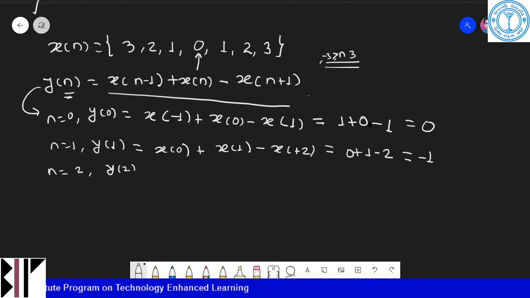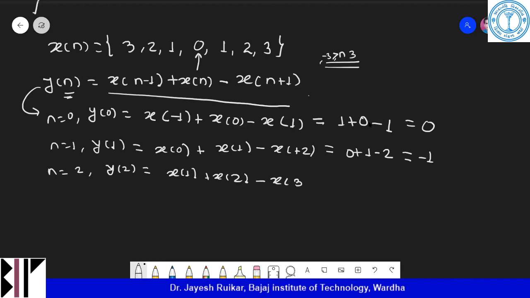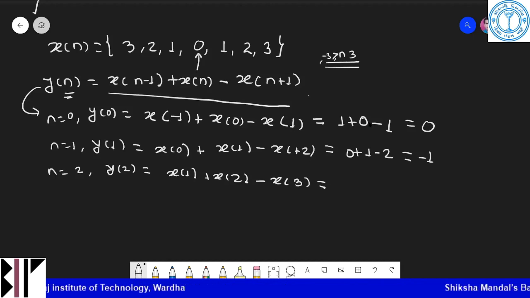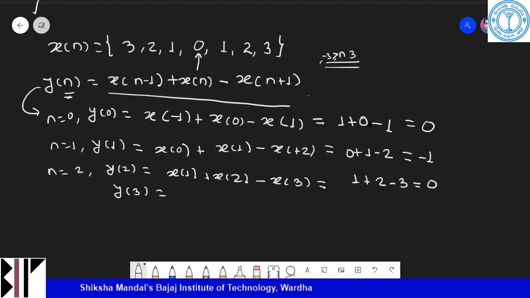So y of 2 is equal to x of 1 plus x of 2 minus x of 3. So its value is 1 plus 2 minus 3, which is equal to 0.